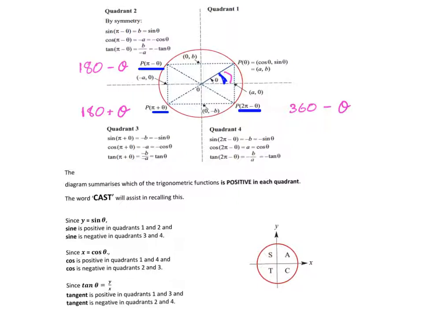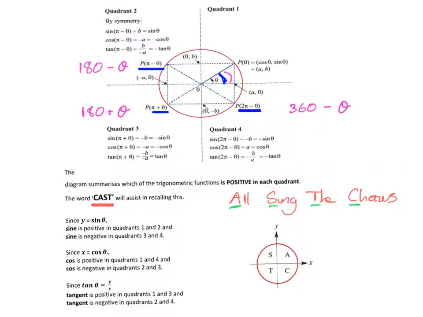Another thing that we really need to know is where sine, cos and tan are actually positive. So the way that we remember that is to use CAST. Now another way that I remember it is "All Sing the Chorus", where the first letter of each word gives you what is positive in what quadrant.